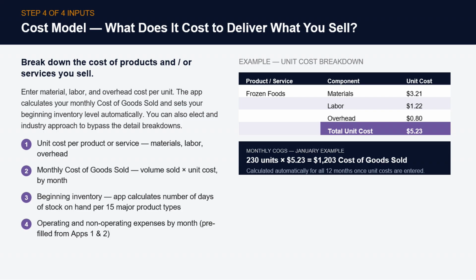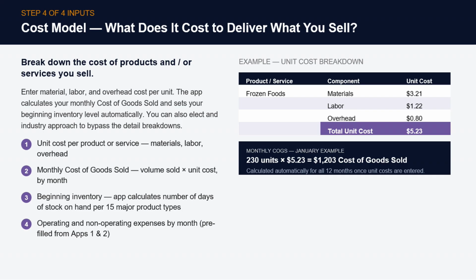So what the app does, it'll flag and say, okay, in June we need a certain level of inventory to be on hand to meet the July sales. And this inventory control tracking will be part of the next step, which is part of the trial balance process. But the point I'm trying to make here is it will give you guidance on what that inventory should be. It will flag it as to where it begins.